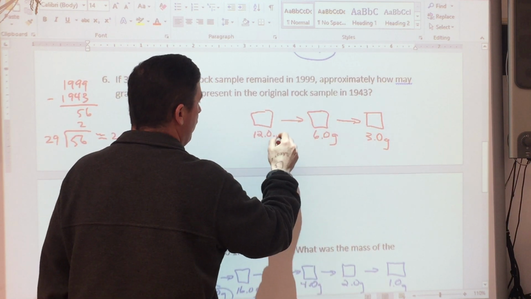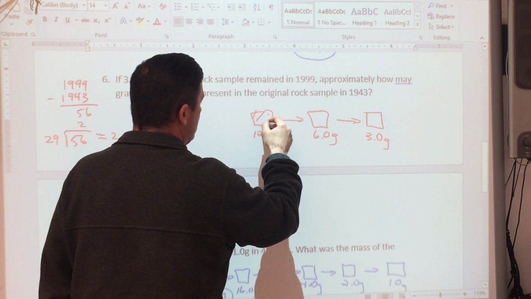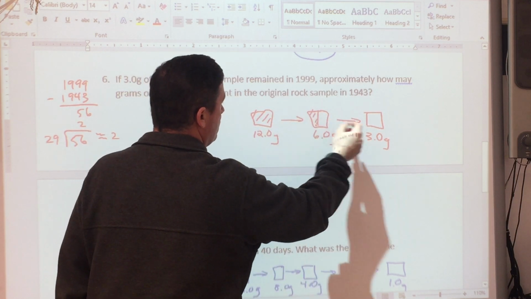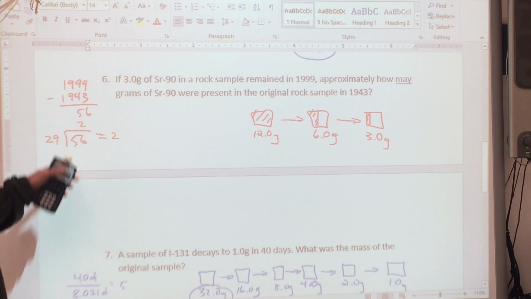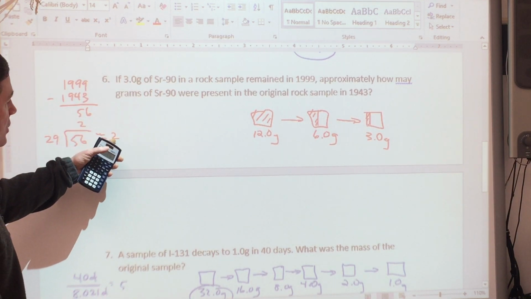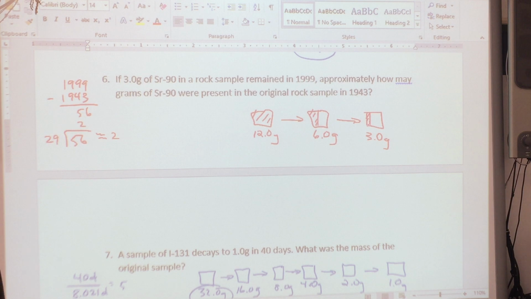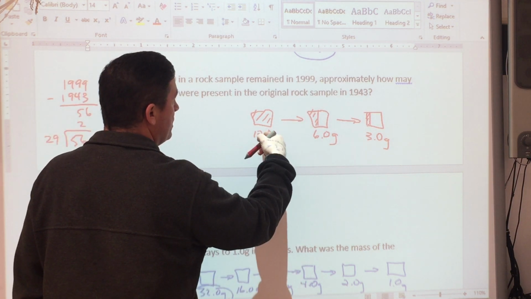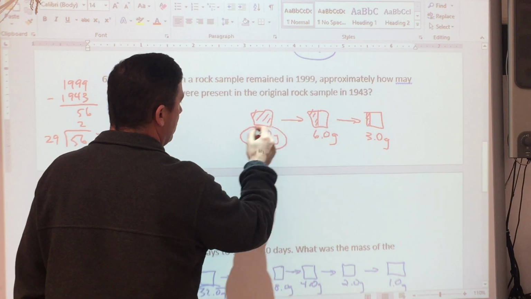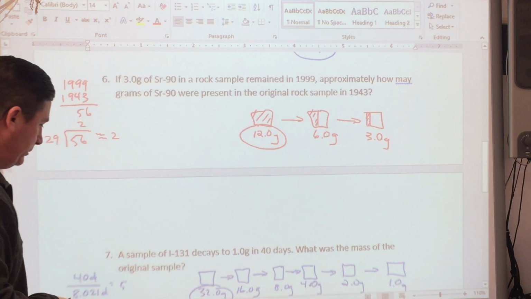This must be 12. So the original 12, there's half of this, and a quarter of that. So in 56 years, there were approximately 2 half-lives. So in the original sample in 1943, there were 12 grams.